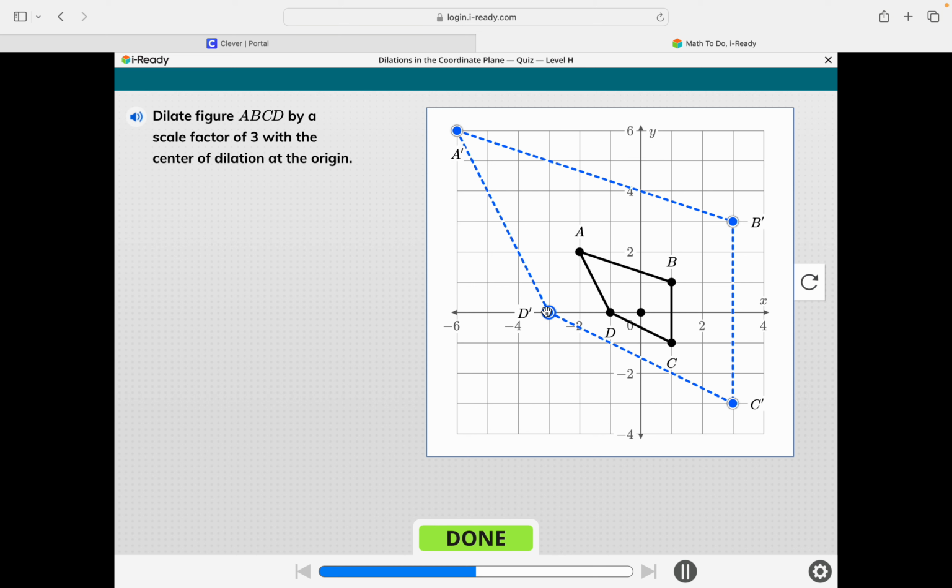So, see here, A prime is minus 6. You bring the A prime here and you went up to the 6. That is correct, Subani. A prime is correct. Now let's check B prime. B prime is 3. You walk 0, 1, 2, 3 and you went up 1, 2, 3. Correct. Now let's do the C. 3 and minus 3.